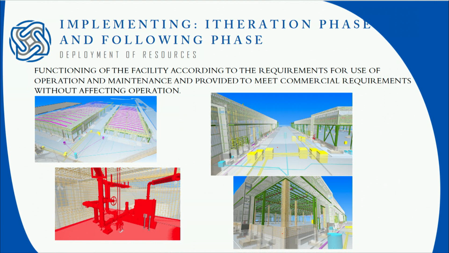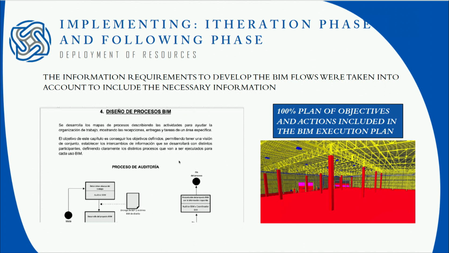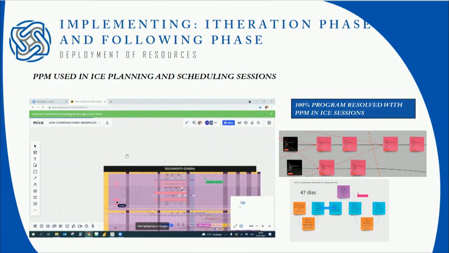No, it's not only the model. I mean, the whole technology was coordinated to do this, and the BIM execution plan also was aligned to each of the client objectives and the project objectives, and we made sure that everyone could understand that.